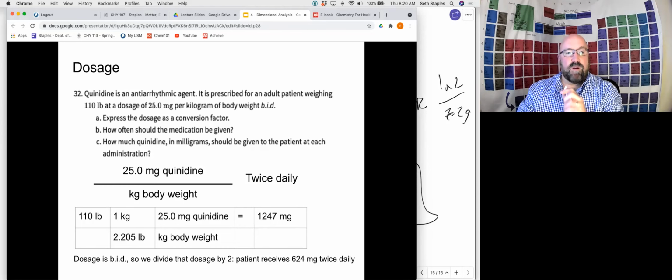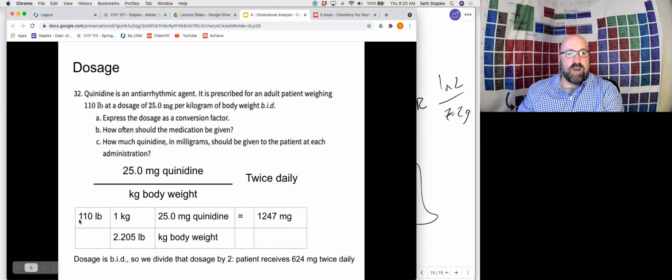So the first thing that we want to do is express our dosage here as a conversion factor. So here's our conversion factor. It's 25.0 milligrams of quinidine per kilogram of body weight. We also know, though, that it's BID, so this should be given twice daily. And so in our last calculation, we want to know how much should be given to the patient at each administration.